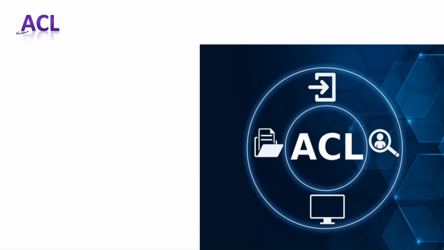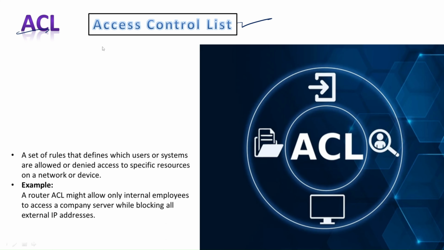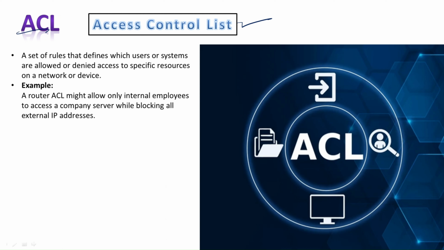Next is the ACL, and ACL is access control list. It is a set of rules that define which users or systems are allowed or denied access to specific resources on a network or on a device. For example, a router ACL might allow only internal employees to access a company server while blocking all external IP addresses.